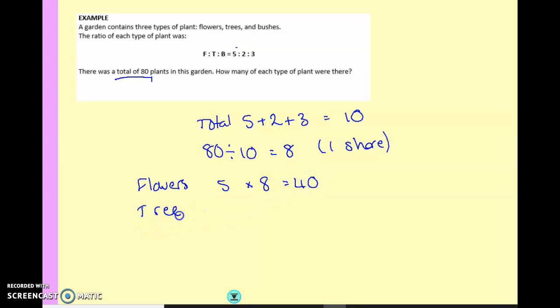Trees would be 2 times 8, so there'd be 16 trees. And bushes would be 3 times 8, so there would be 24 bushes. And again, we can do a wee check. 40 add 16 add 24 is 80. That's the total we're looking for. Okay.